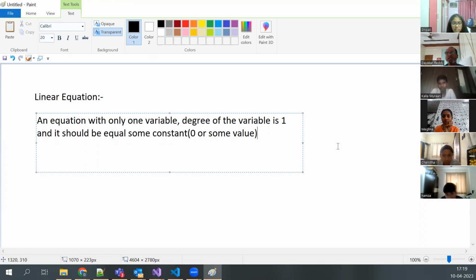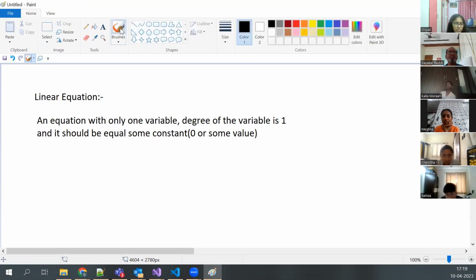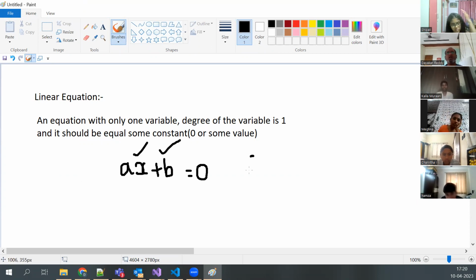Now, what is the general form of a linear equation with one variable? It is ax plus b equal to 0. What are a and b? a and b are real numbers, and of course a should not be equal to 0. What happens if a equals 0? Then it won't become a linear equation, right? A linear equation means we should have at least one variable.